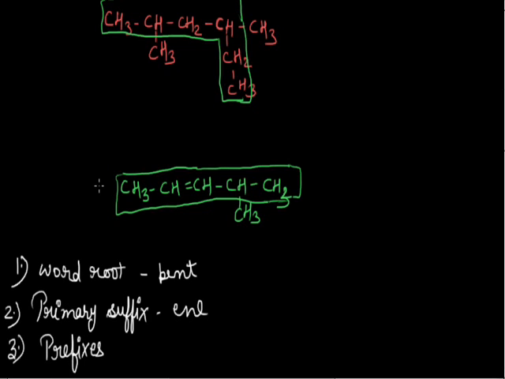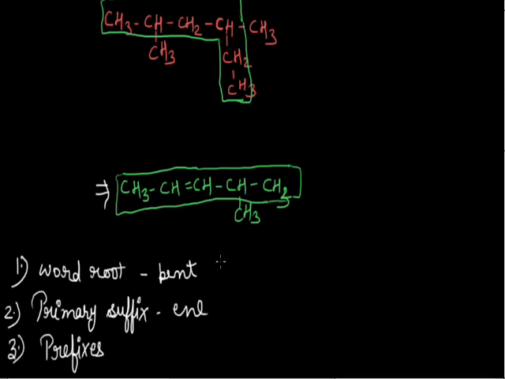So in this organic compound we can see that only a methyl group, that is a CH3 group, is present outside of the chain. So for this CH3 we use methyl as the prefix, the word root is pent, and the primary suffix is "-yne".